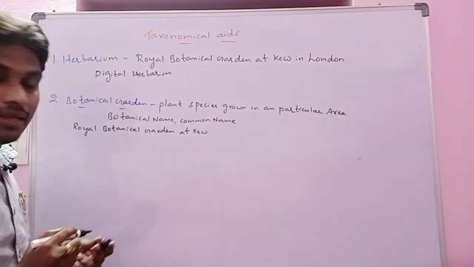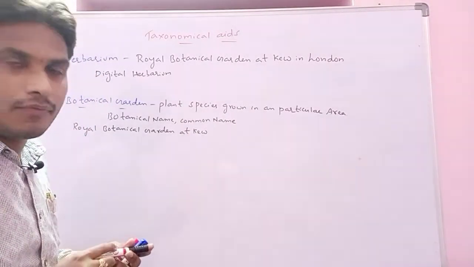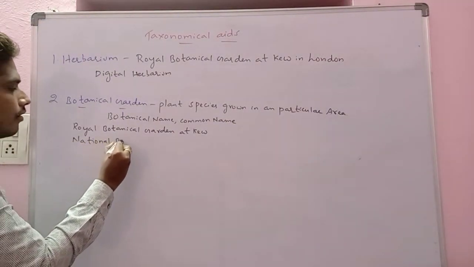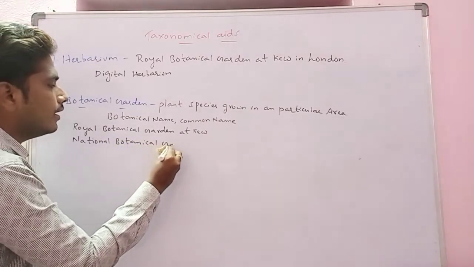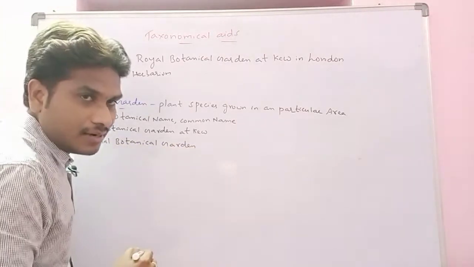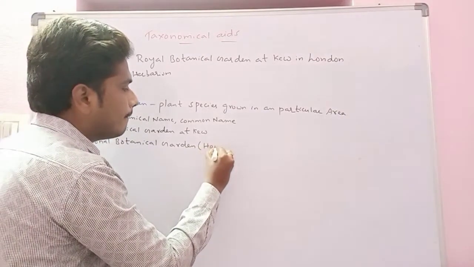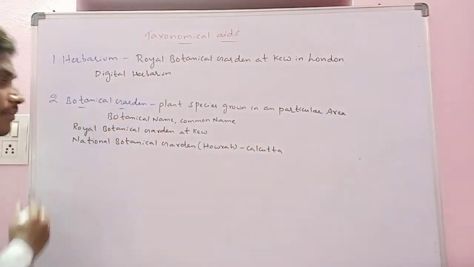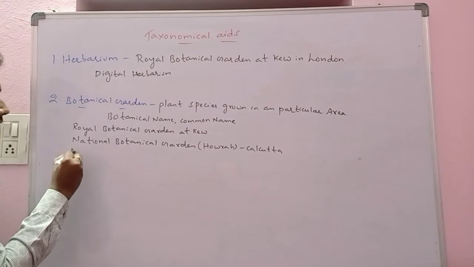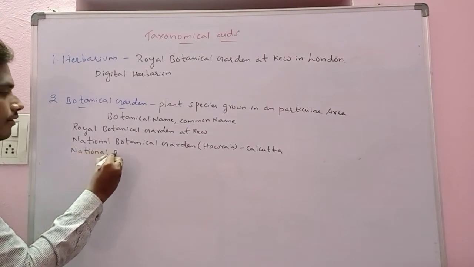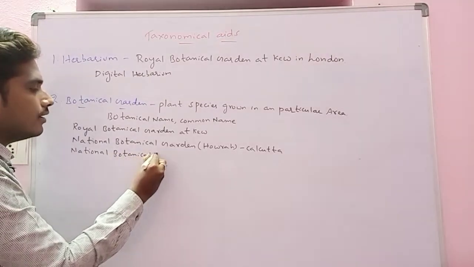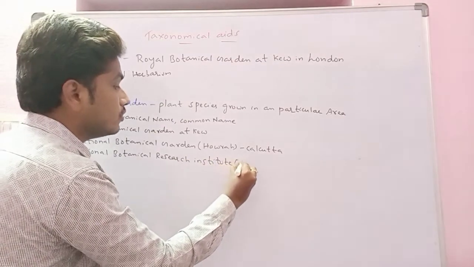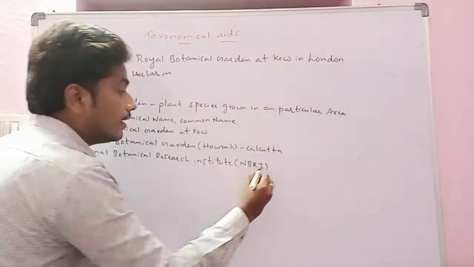Then in India particularly, the famous botanical gardens are the National Botanical Garden at Howrah in Calcutta, and the National Botanical Research Institute, that is NBRI, in Lucknow.